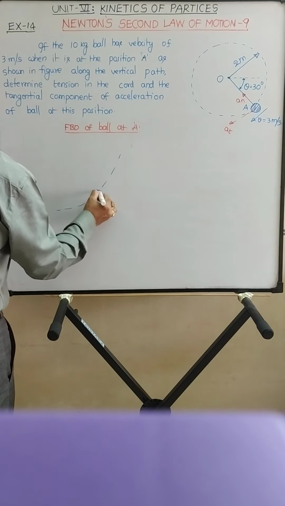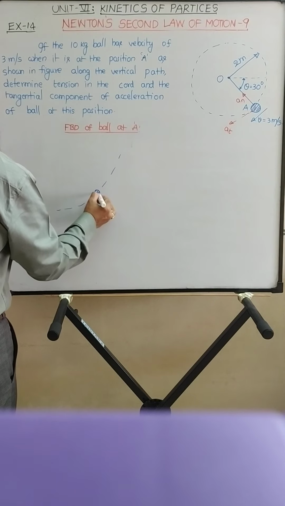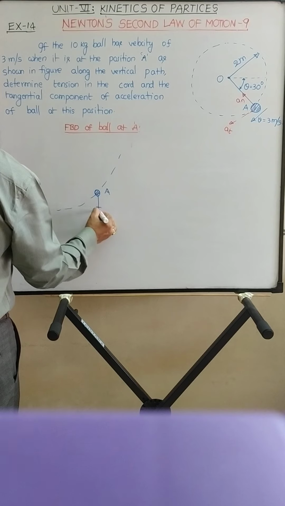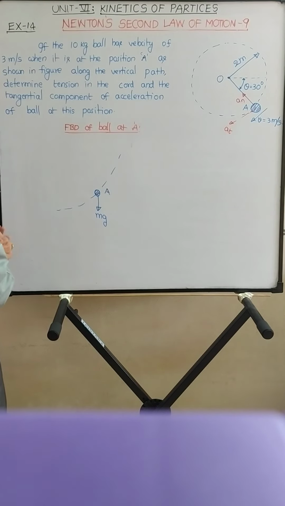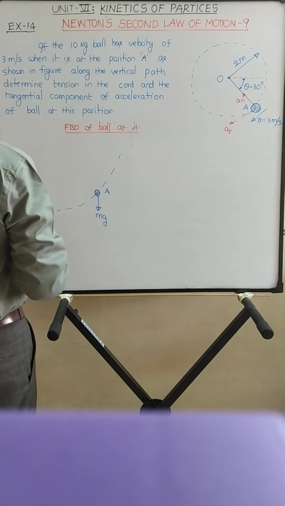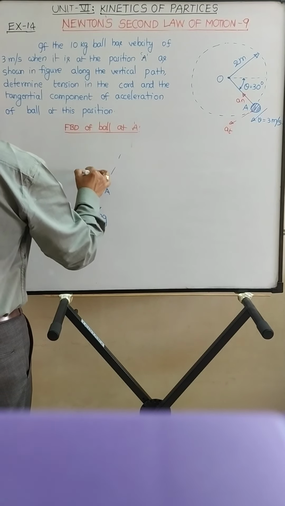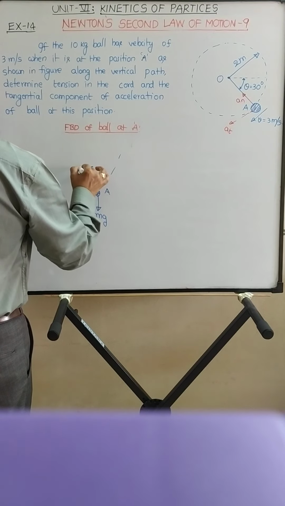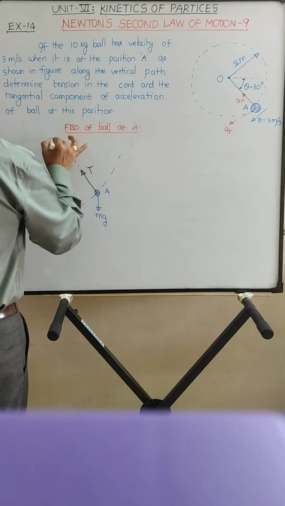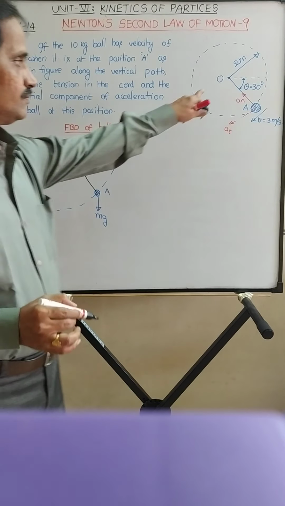So at position A, weight of the ball mg acting vertically downwards. So the tension in the cord, say T, so this T is directed towards the center, right?